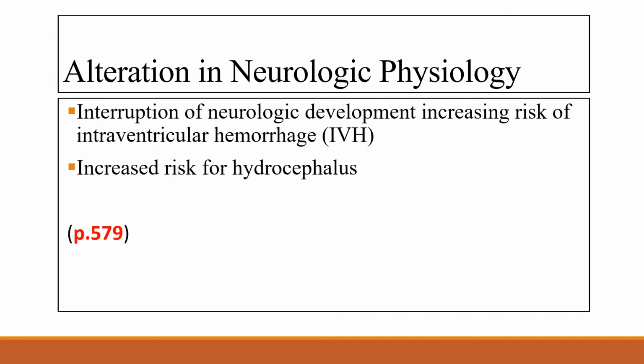This is covered on page 579 in your textbook, where it talks about hydrocephalus developing as a consequence of IVH, and this can be caused by obstruction of the cerebral aqueduct in the brain. This is very severe.